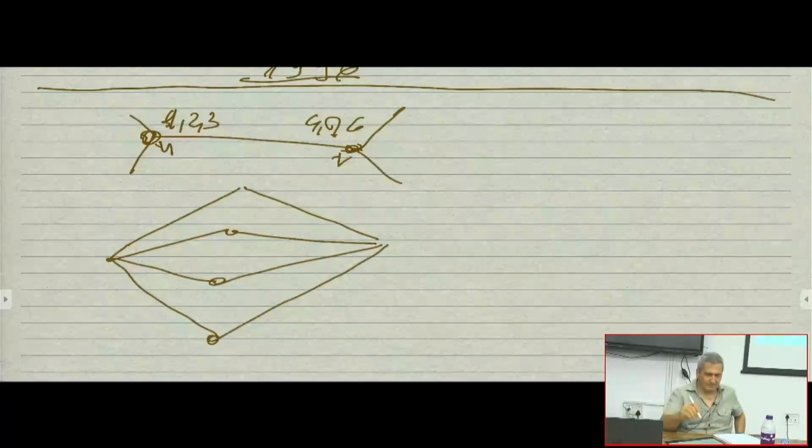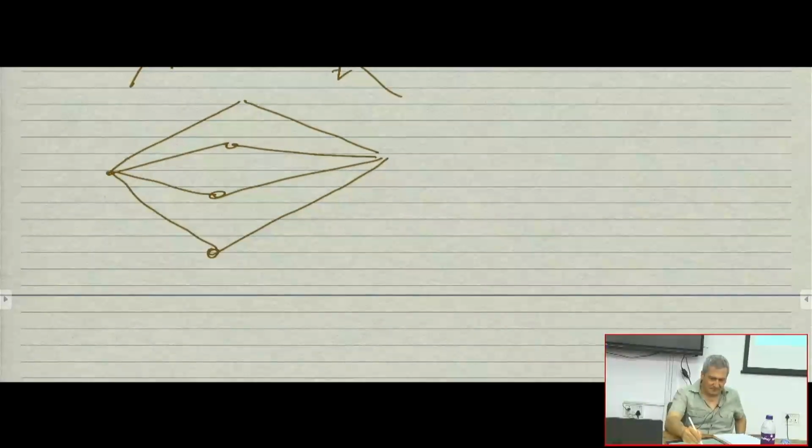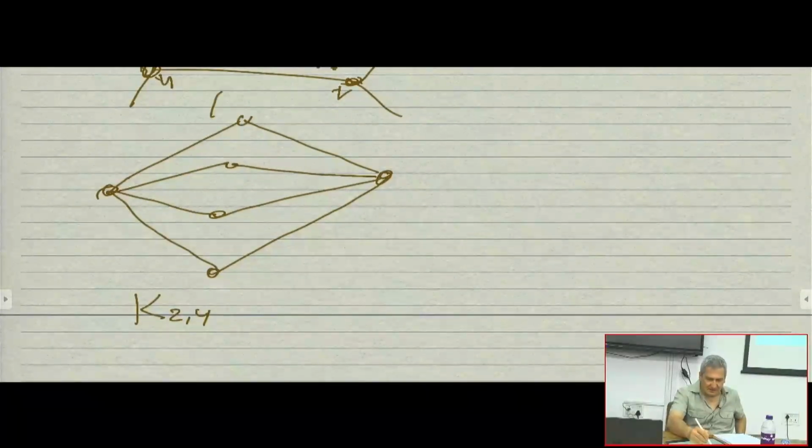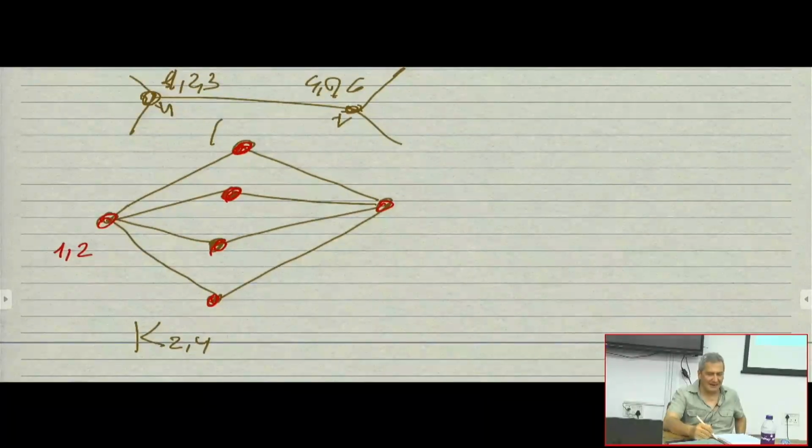Do you recognize this graph? K2,4. So I choose here colors 1 and 2. This is my list for this vertex U. And this is my list for V. It will be alpha and beta.